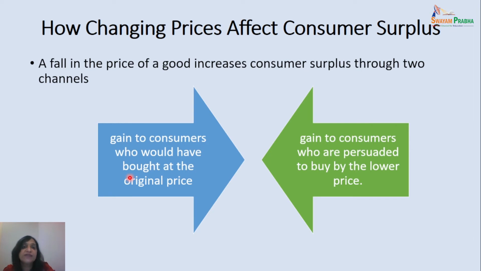15 minus 5, that is 10. So already I am consuming this product, but with the fall in price, my consumer surplus will increase. Second, all those consumers who were earlier not able to buy this product, going back to our example of used textbook, we saw that Devi and Ishwar did not buy the used textbook because their willingness to pay was less and the market price was higher.